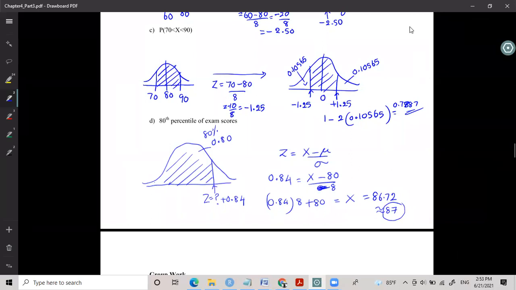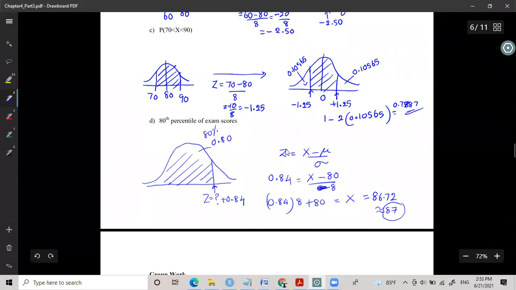Okay, so you need the percentile, right? So I'll explain it again. You need the 80th percentile. The meaning of the percentile is that whatever that Z score, the area to the left is 80%. 80% of probability or 80% of area is to the left of that point, the 80th percentile. So 80% means 0.8 probability, right? So you read the table where probability is 0.8 and you find the corresponding Z score for that.